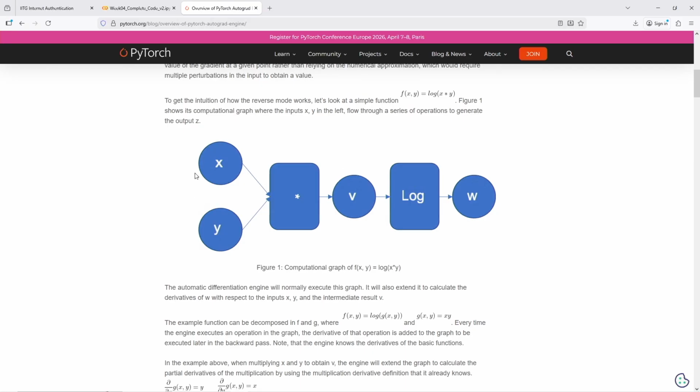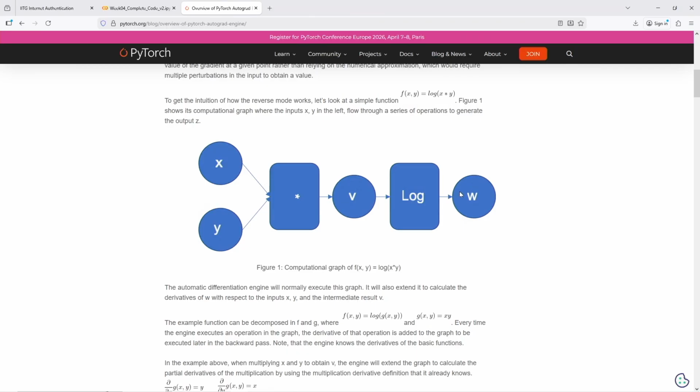Now all of these are tensors: x tensor, y tensor, v tensor, w tensor, and so on. Here x and y are, let us say, input tensors for which I want to calculate the gradient. If my x is a parameter, then I will compute the gradient of w, or the output of this loss, with respect to x, right.